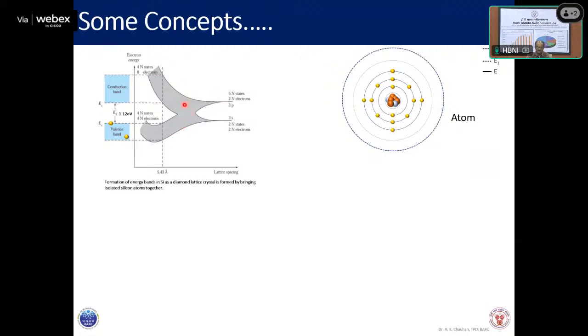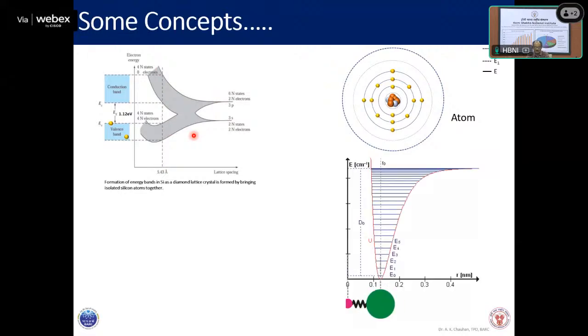However, there the levels are available. Whenever you get a little bit of energy, they can increase the energy, which is also an allowed energy. So energies are quantized. It cannot be continuous like here.